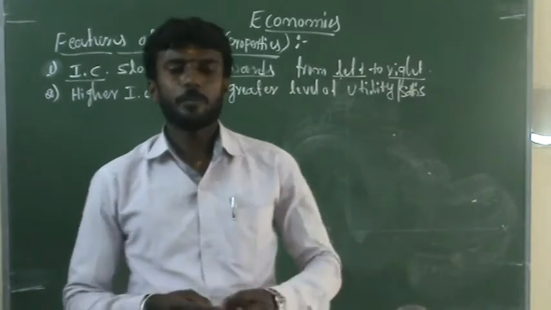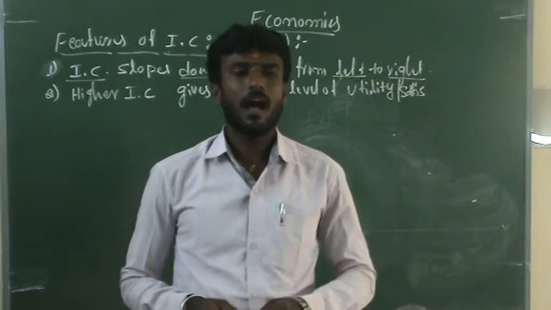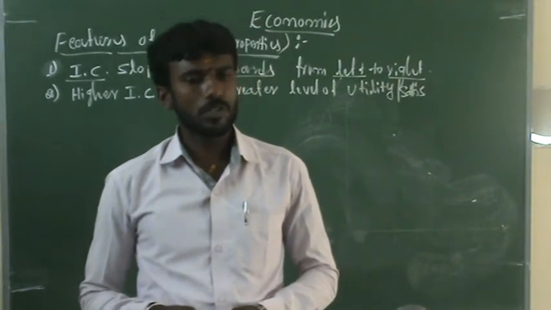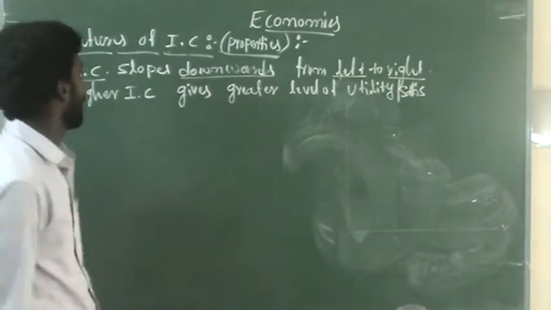The second important feature or characteristic of the indifference curve is, as you already know, that a higher indifference curve shows or gives a higher or greater level of utility.